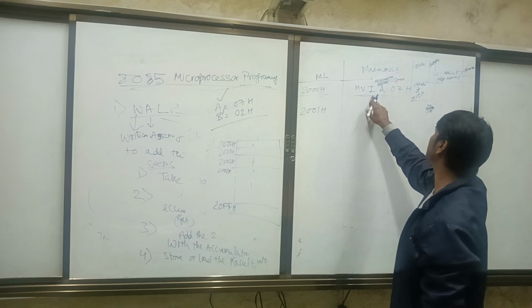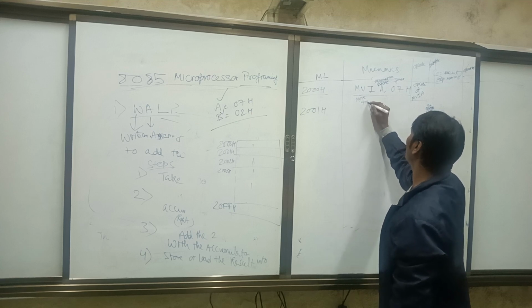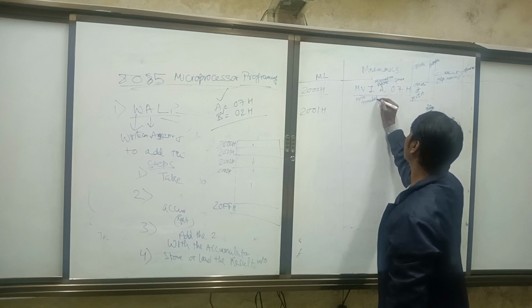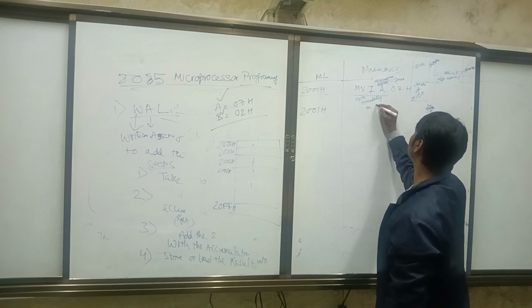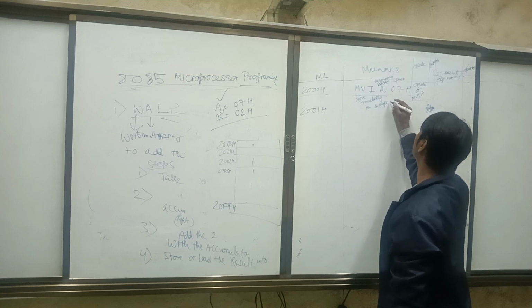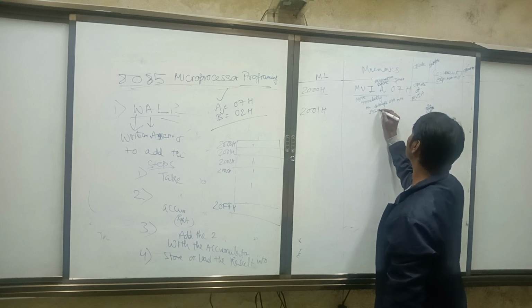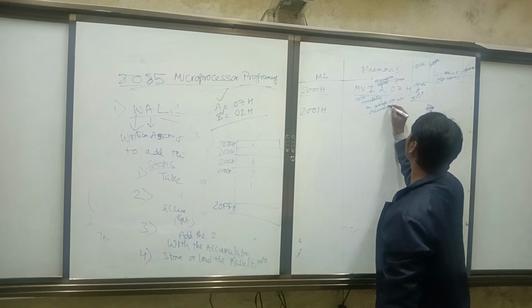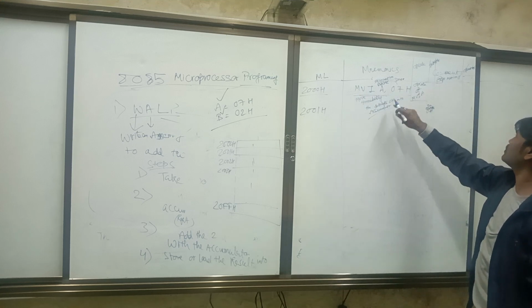MVI means move immediately. Move means nothing but copy. Move immediately the data byte 07H into accumulator. So this is your explanation of the comment.